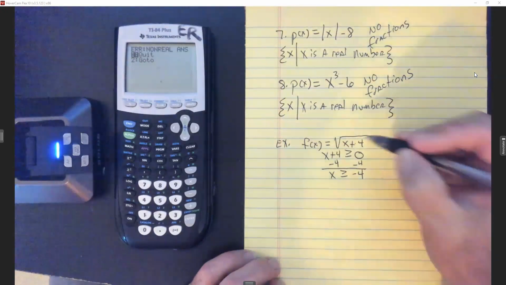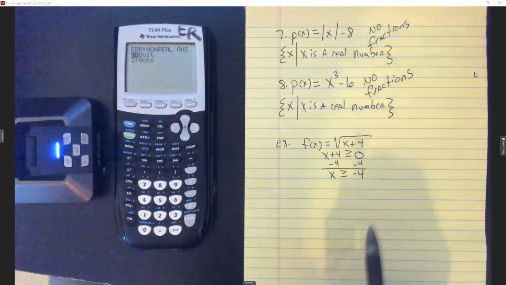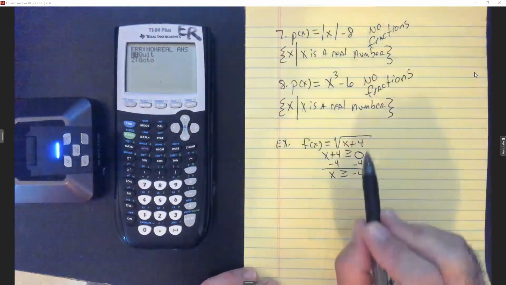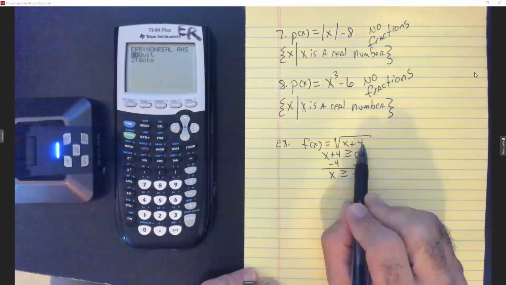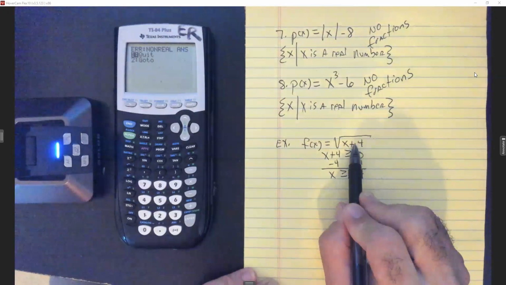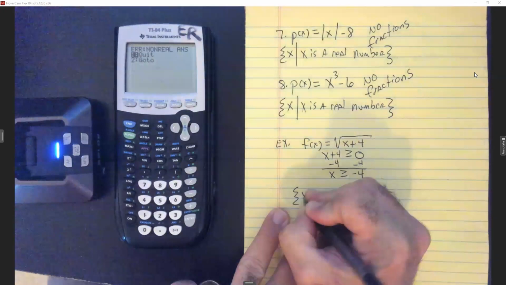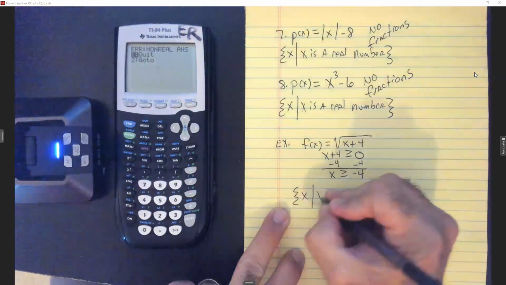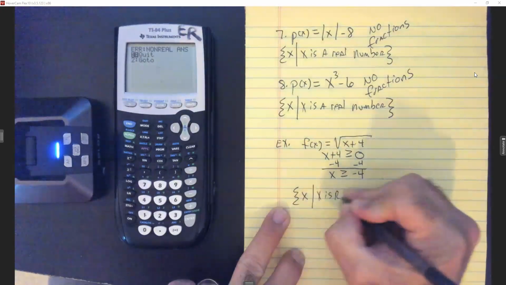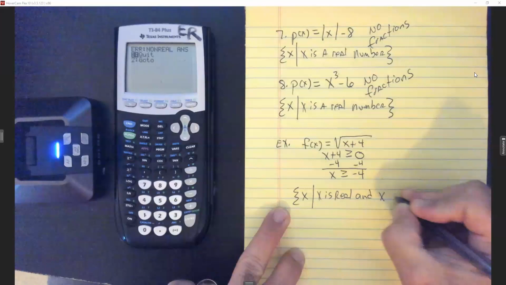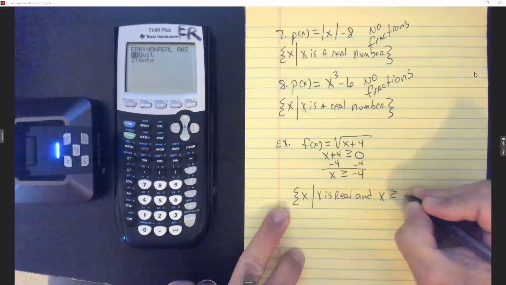But as soon as you went to like a -5, which would be less, -5 plus 4 would make that -1, and then that would make it imaginary. So on this one, we would have x such that x is real and x is greater than or equal to -4.